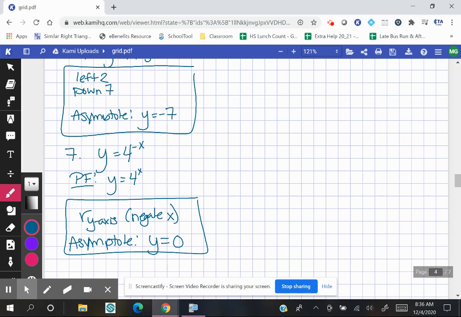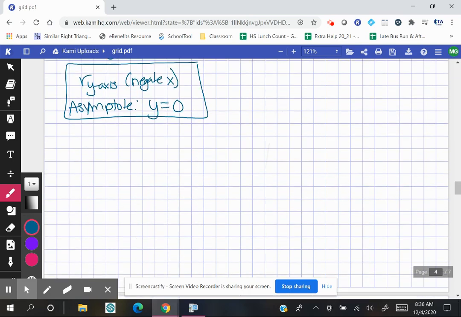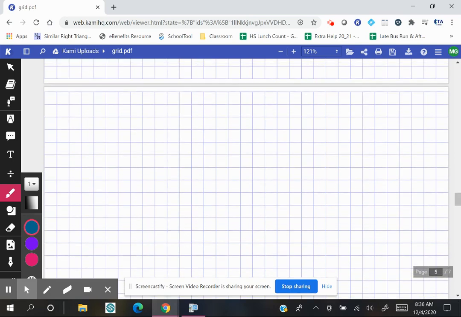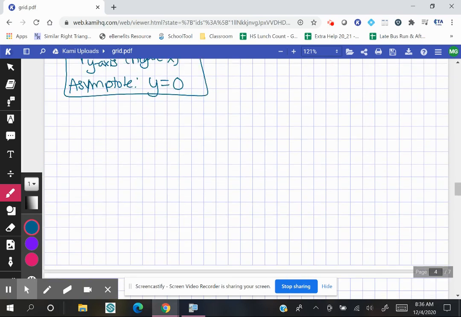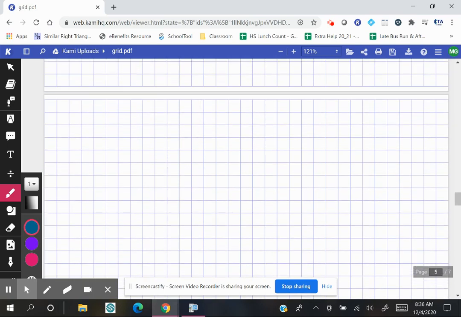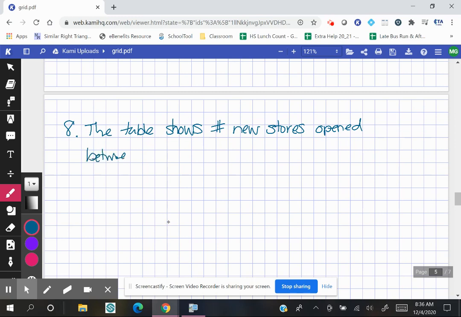Okay, and last thing we're going to look at is some regression. So this is mostly done in your calculator. So what number are we on here? It's number 8. So for number 8, we've got this table I'm going to give you. It shows the number of new stores for a coffee shop that opened between 1986 through 1994.